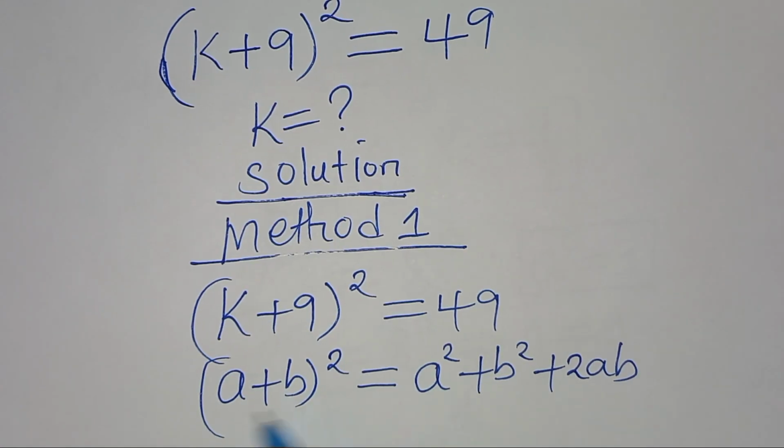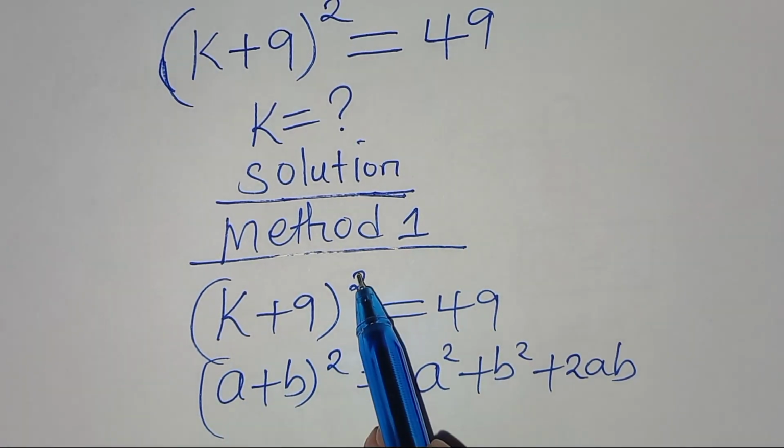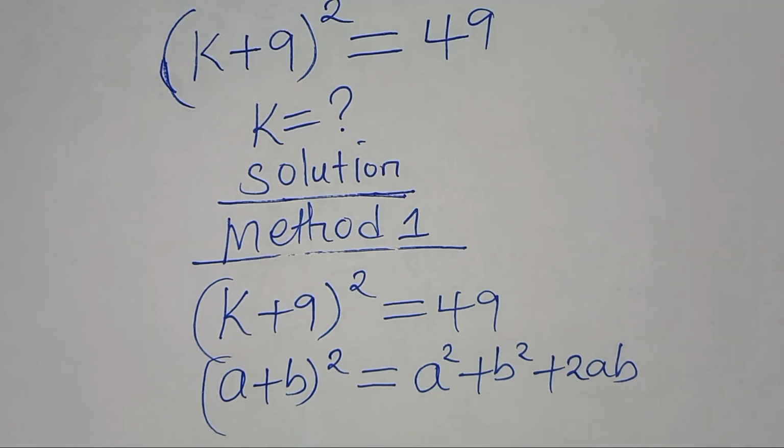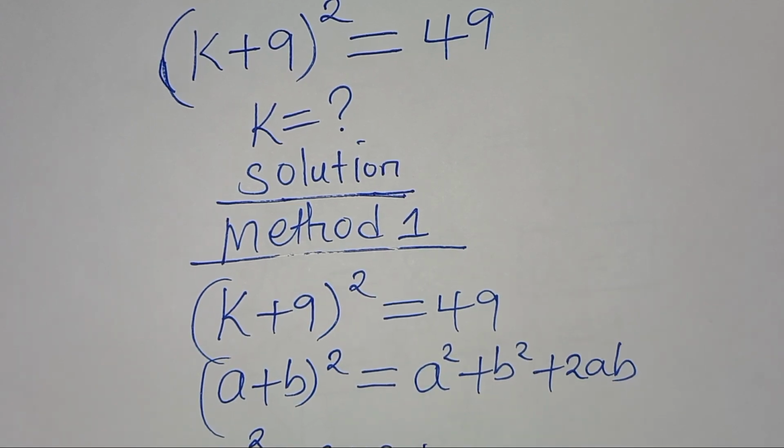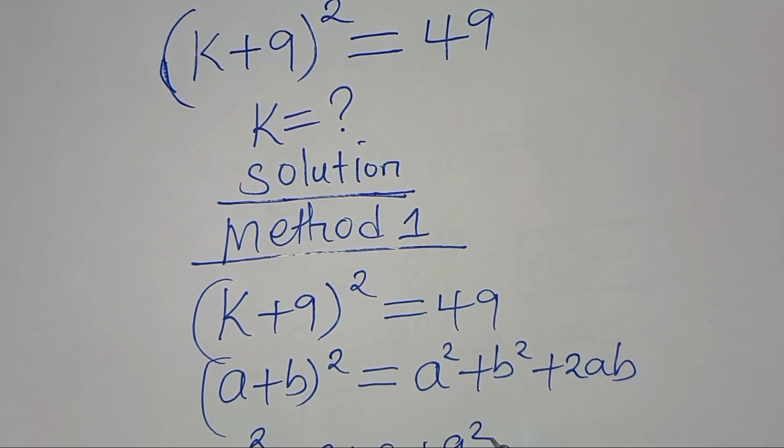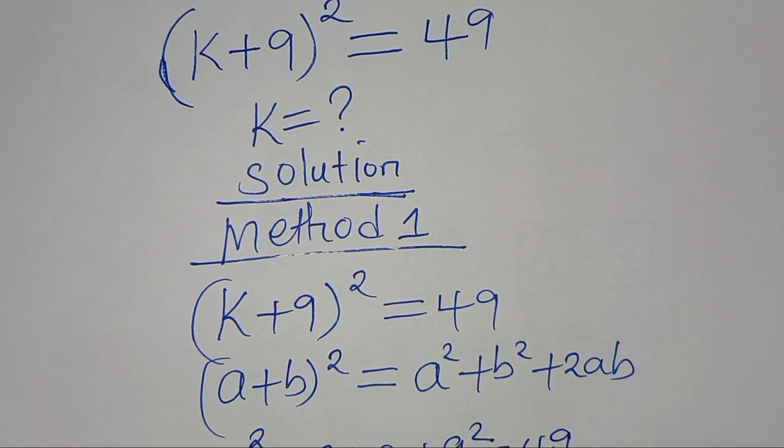So applying this algebraic identity, (k + 9)^2 can be expressed as k^2 + 2 times k times 9 + 9^2, and this is equal to 49.